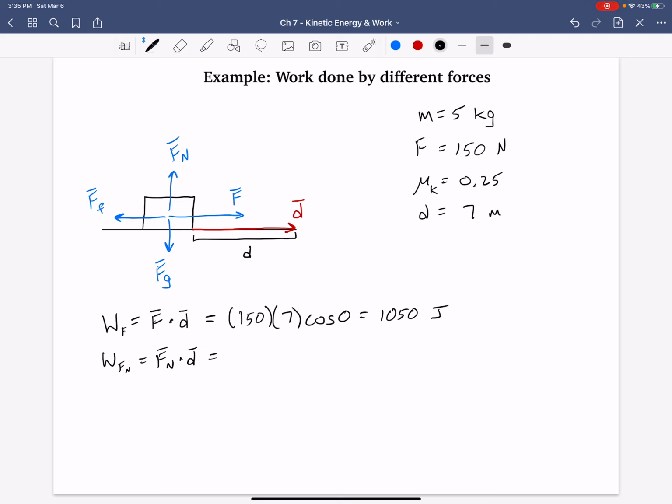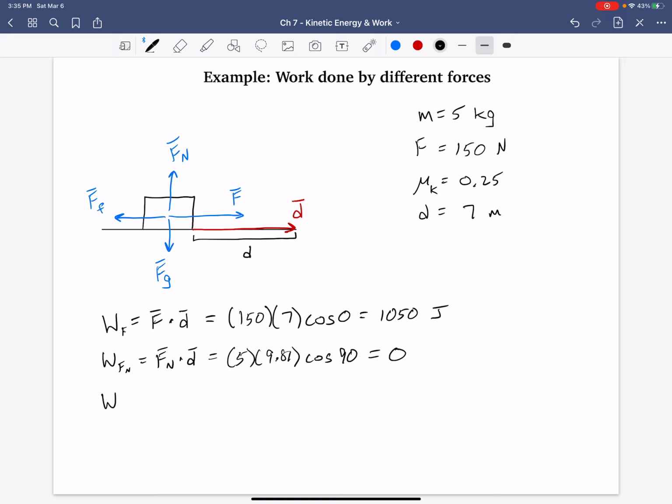It doesn't matter because the angle is 90. So you don't even have to do that if you don't want to, but let's see, mass is 5, 9.81. And now what makes it 0 is that it has a perpendicular angle, right? So therefore that work is 0. And it should make sense. A 0 work means that no component of that force is in the direction of the displacement, right? Totally useless.